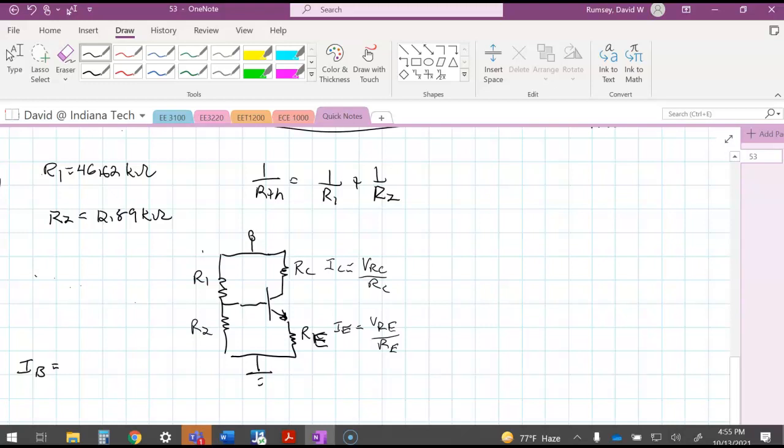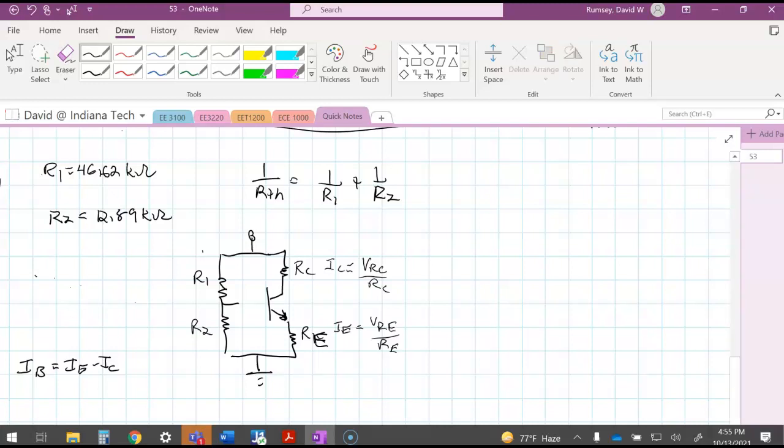You might not get a good answer for this, or maybe you'll get 0, which would be even worse. But you can do like IE minus IC, subtract those two currents that you've measured there. Another way to do this, but this is where I don't know if our DMMs are accurate enough to do this.